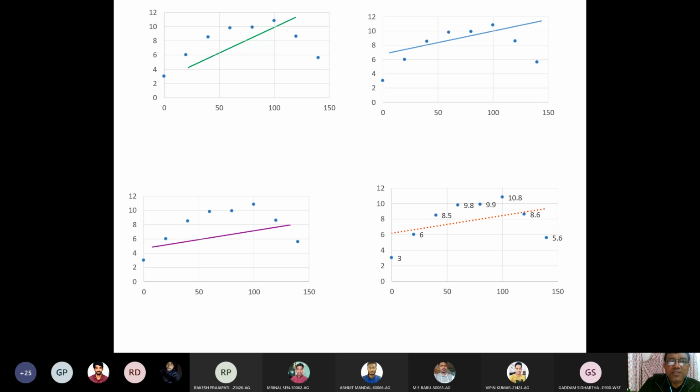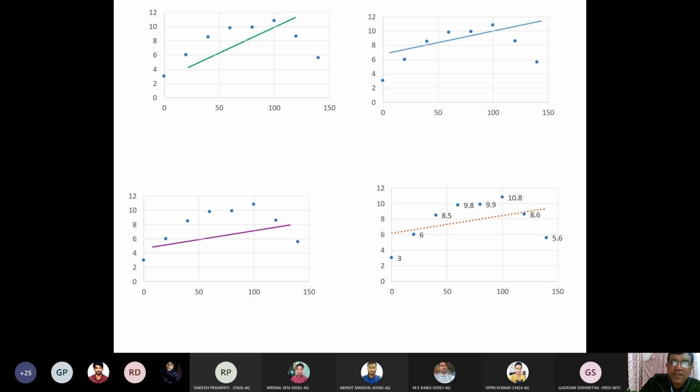The green line may pass like this, and you see 1, 2, 3, 4, 5 points are lying above this line, and 2 points are lying below this line. So this is one option. Second option, I can have the blue line, where you got 4 points above this line and 3 or 4 points below this line. See the purple line, the third one, where 2 points are below this and the rest of the points are above this.